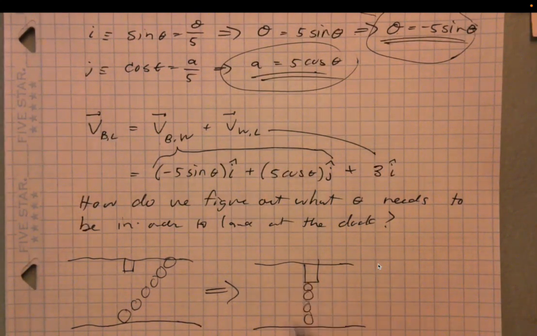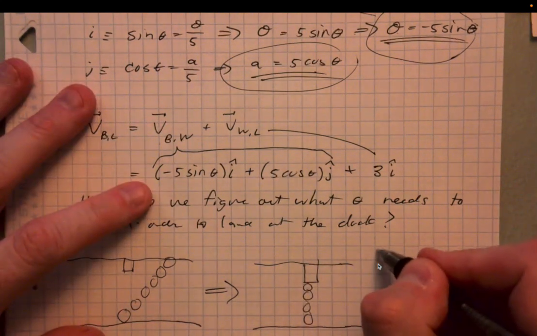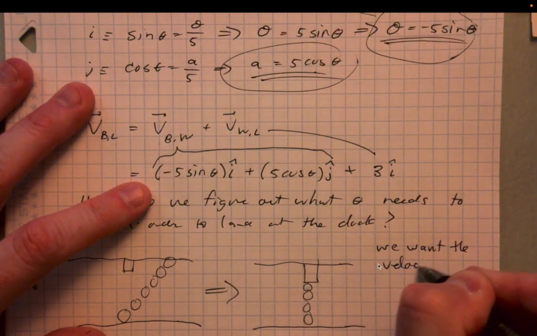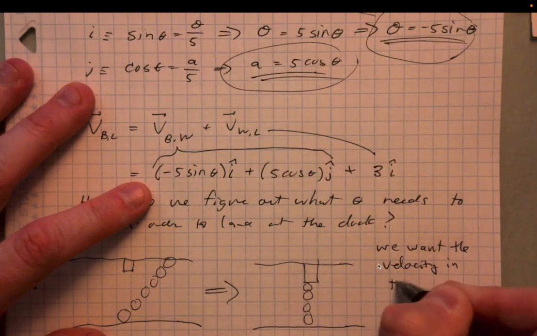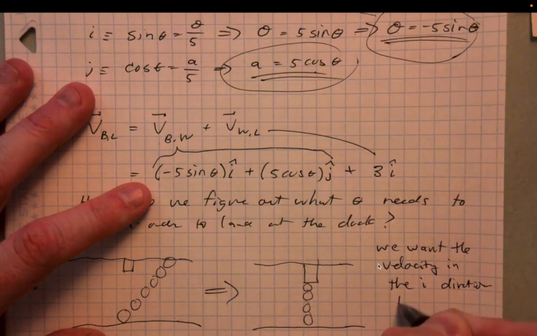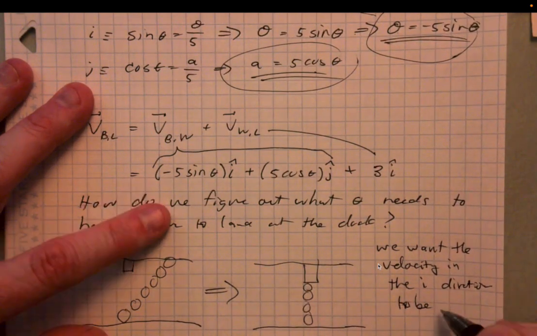So one way to say this is to say that I want the velocity in the i direction to be 0. I don't want to move at all in the i direction. I just want to move in the j direction. So we want the velocity in the i direction to be 0.